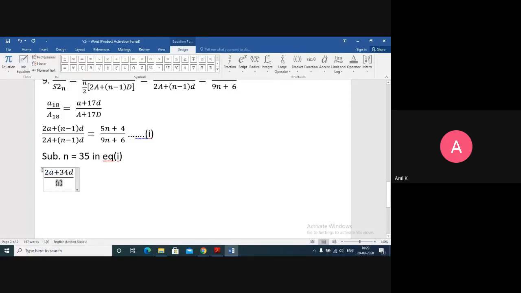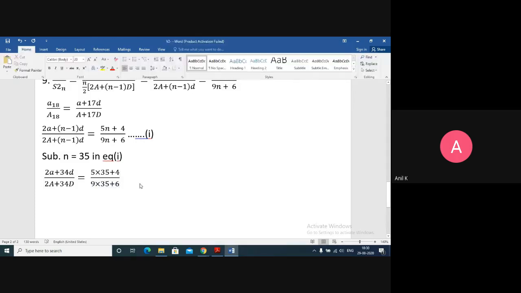In the denominator also you will get 2 capital A plus 34 capital D, equal to, and here also I substitute the n value as 35. So it will be 5 into 35 plus 4 upon 9 multiplied by 35 plus 6. So I simplified here.